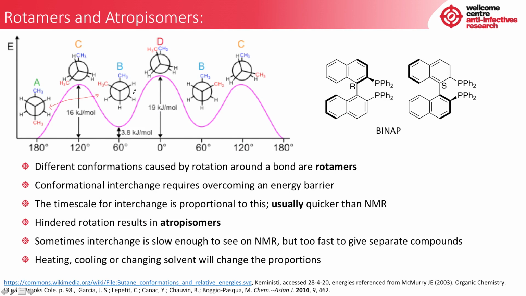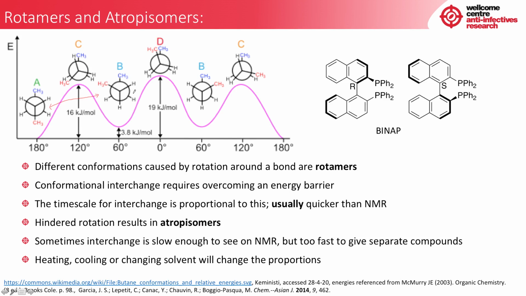Now, the timescale for interconversion of these rotamers is proportional to the energy of the molecule, or temperature, and the energy of the barrier to rotation. For most molecules, like our alkyl chain, it's faster than NMR measurement, as we saw before. So what we get is an average.